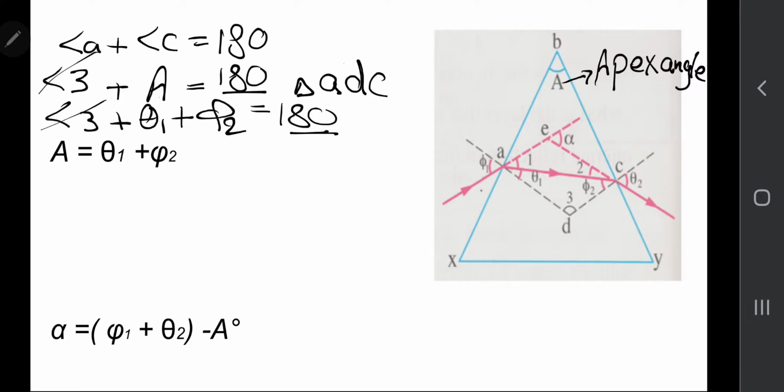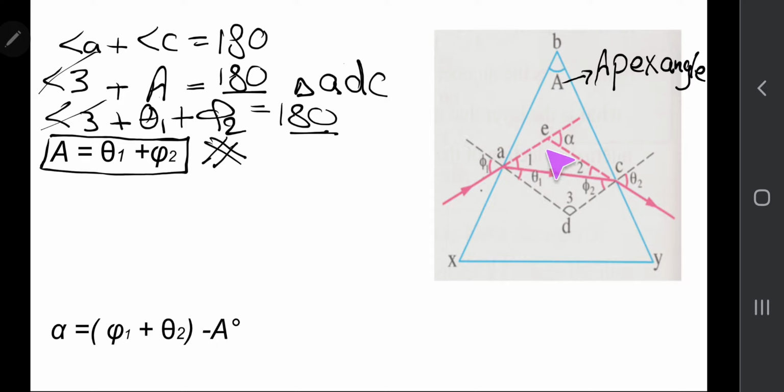Angle 3 cancels with angle 3, so the apex angle equals theta 1 plus phi 2. This is the first law, very important for solving problems. The apex angle equals the two angles inside the prism, theta 1 plus phi 2.